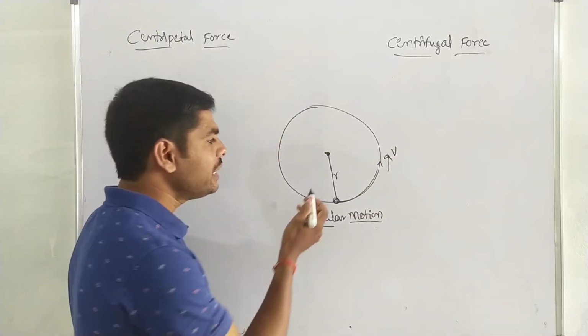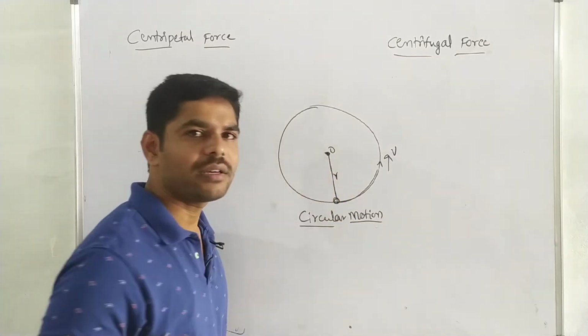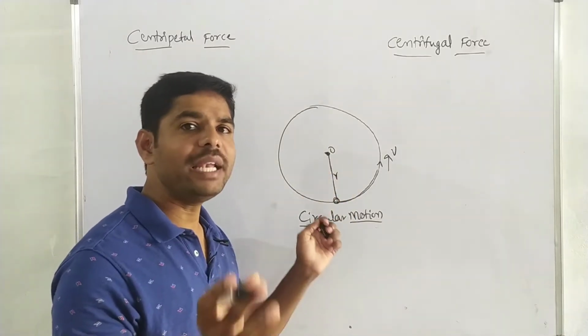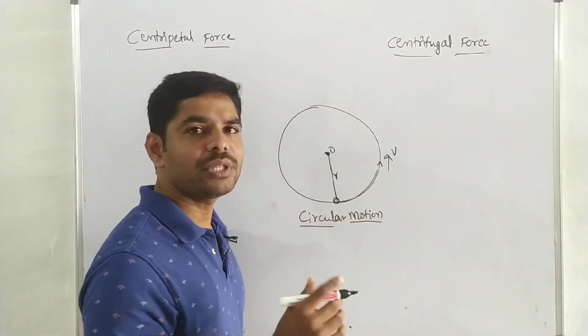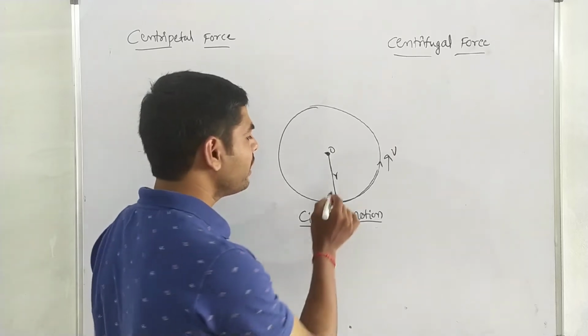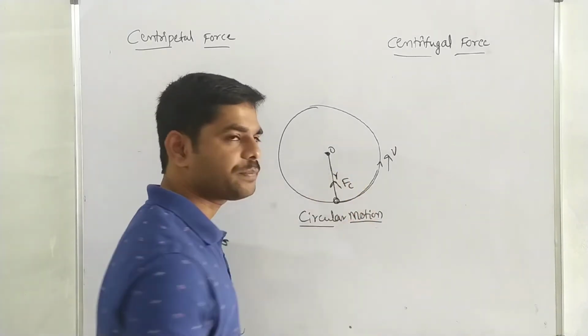It is revolving with respect to the center with the radius r, which is constant. While it is revolving in a constant orbit in circular motion, one force is required towards the center, which is centripetal force.